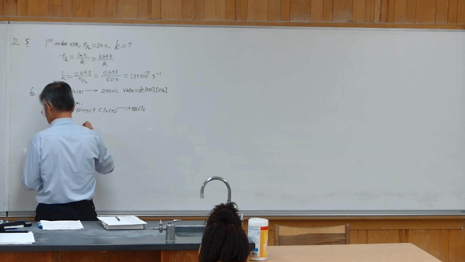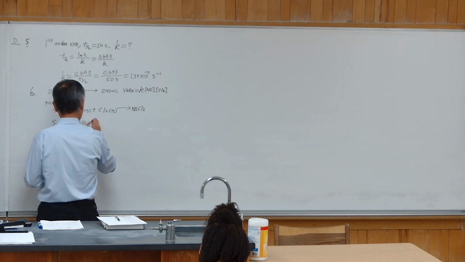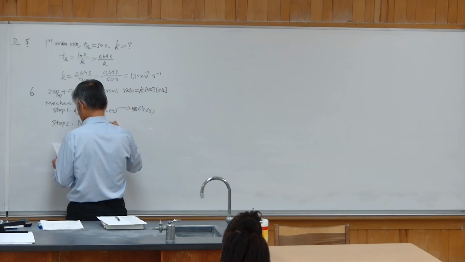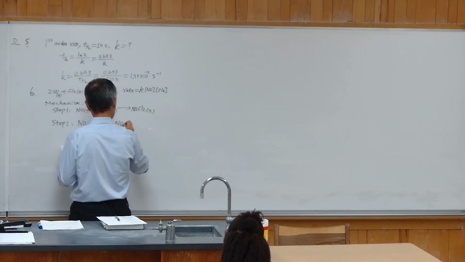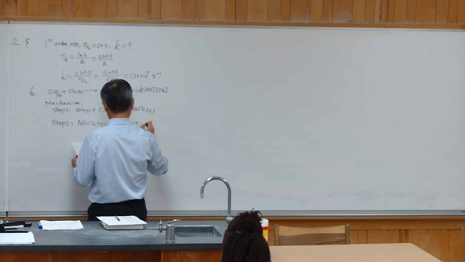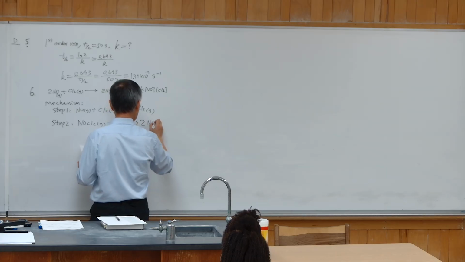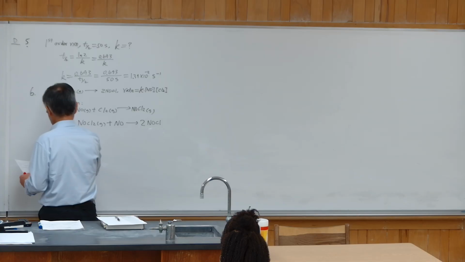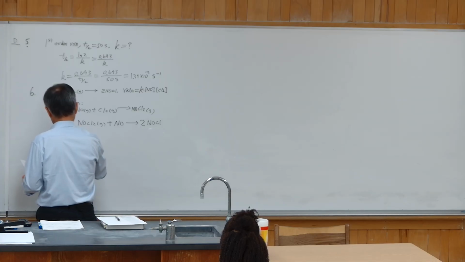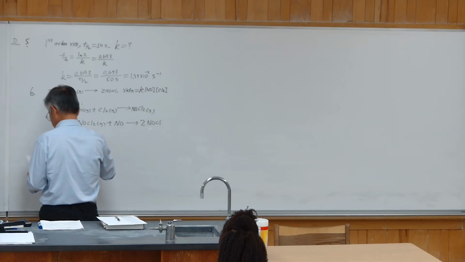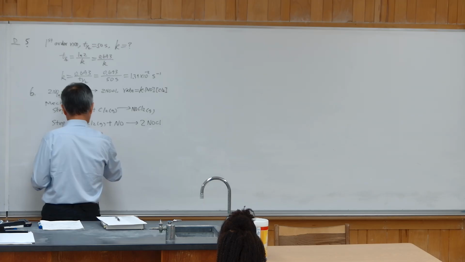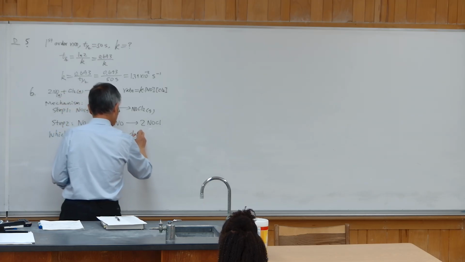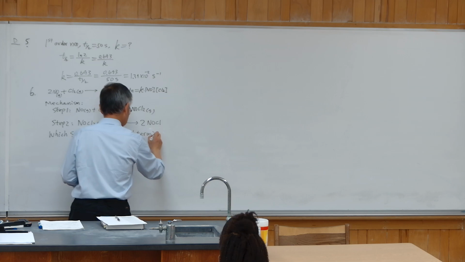Step 2, NOCl2 further reacts with another NO, producing 2 NOCl. Ask you, which step is the rate determining step?